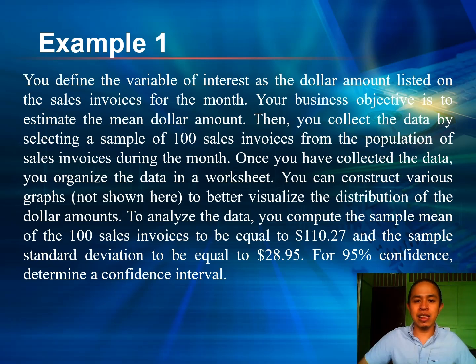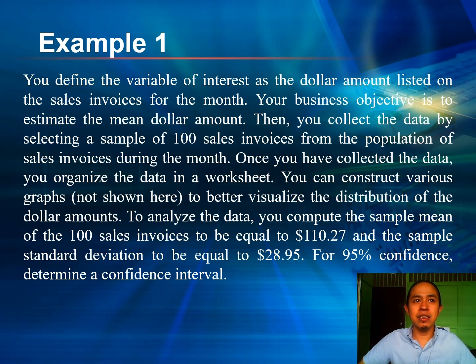Then you collect the data by selecting a sample of 100 sales invoices from the population of sales invoices during the month. Once you have collected the data, you organize it in a worksheet. Then you can construct various graphs to better visualize the distribution of the dollar amounts.